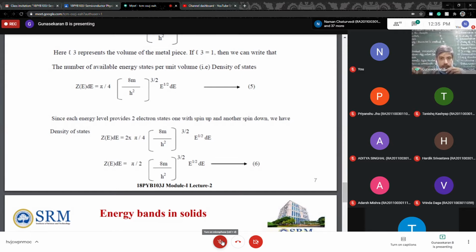So equation 6 gives the density of states, the number of available energy states, for both spin up and spin down, because each state provides 2 electron states. So the number of available states in the energy interval dE is given by this equation, pi by 2 into 8m by h square whole power 3 by 2, E power 1 by 2 into dE. I think almost you understand now. Is it correct? Check.